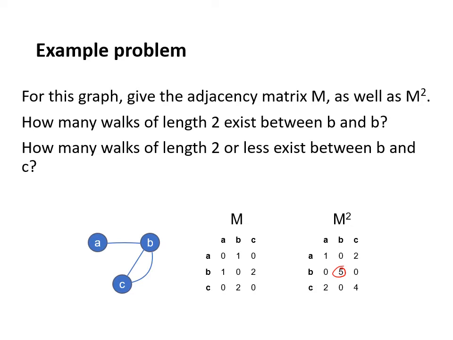And then the other question is, how many walks of length 2 or less exist between B and C? So we look at B and C. We have 0 plus 2, which is going to be equal to 2. And here are these results that I just showed. So this is a nice tractable example problem that shows us how we can use matrices to compute the number of walks.